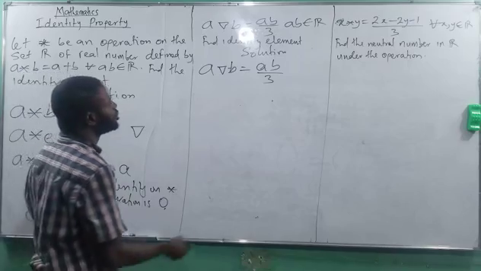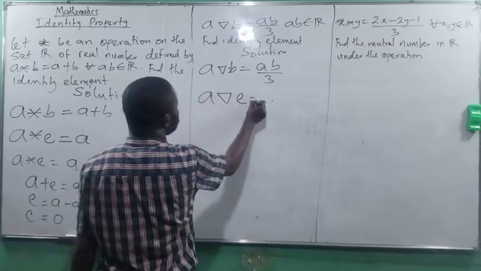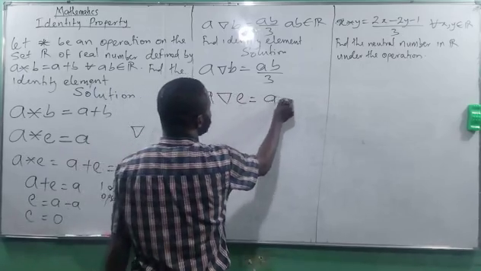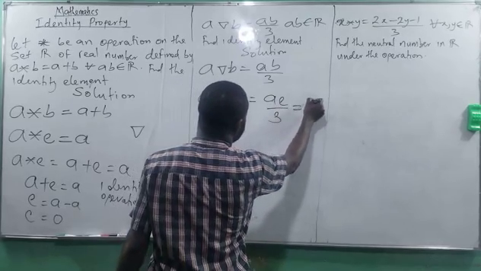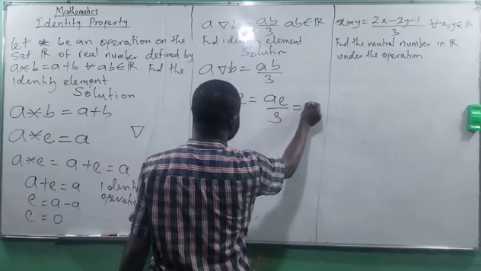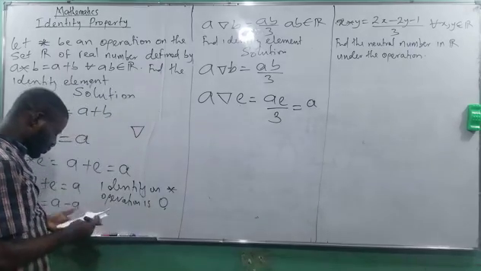Now, I've told you that A operates with E will be equal to AE all over 3, divided by E divided by A. That is what we are told there.